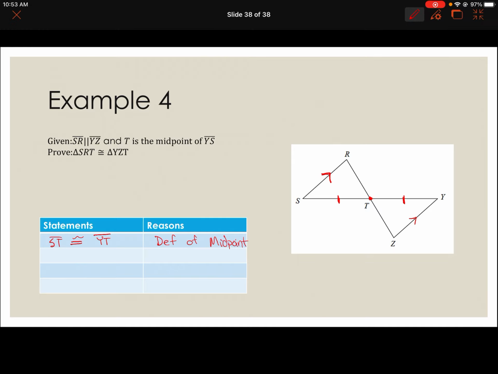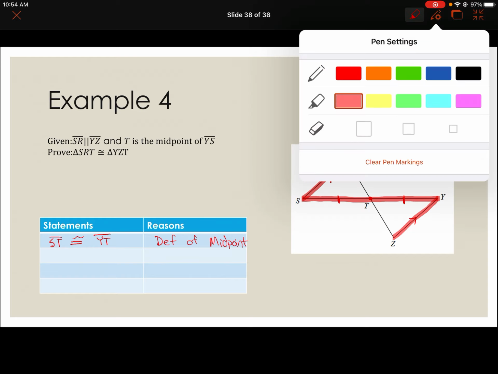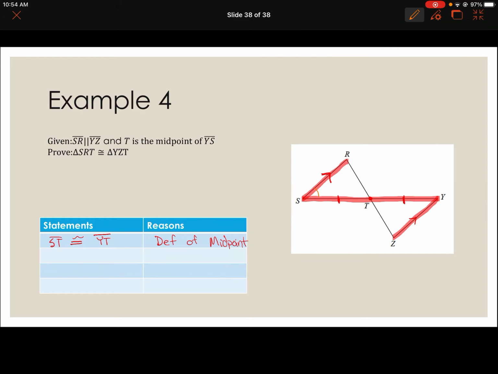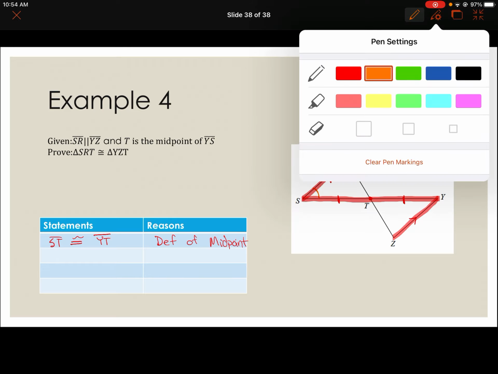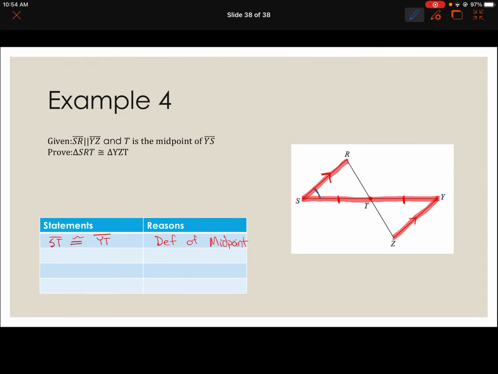Unfortunately, these parallel lines are going to help us. So if we highlight, so we get SR is parallel to YZ. So then that means that this line SY is a transversal, which is going to give us a pair of congruent angles. So we're going to write a different color.